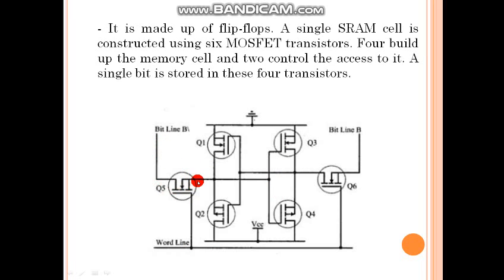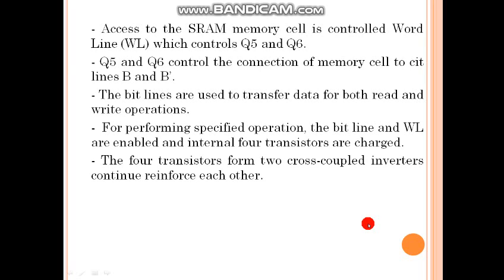So this is bit line B. There are two operations, read or write, controlled by the word line. Access to the static RAM memory cell is controlled by the word line, that is WL, which is controlled by Q5 and Q6. Q5 and Q6 control the connections of the memory cell to the bit lines B and B dash.